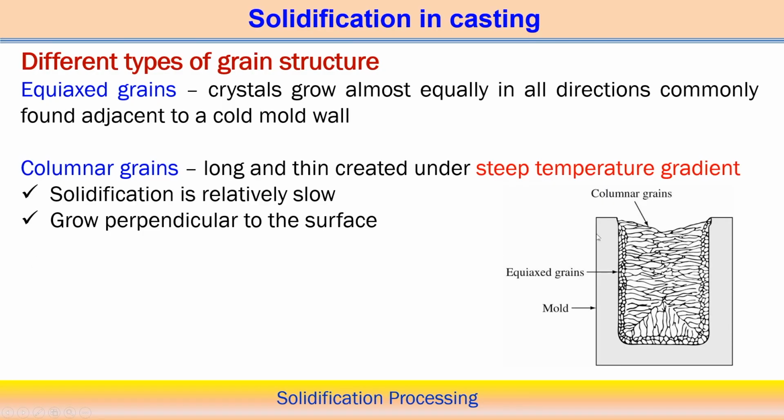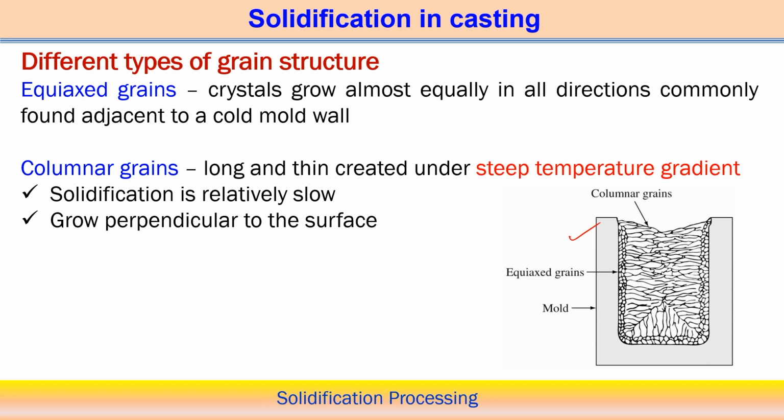At the mold wall, the starting point of nucleation, almost equal size equiaxed grains are usually formed all along the mold wall.